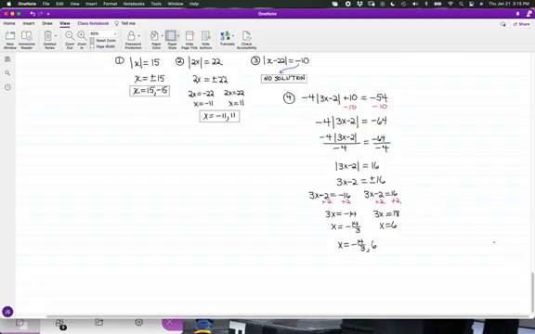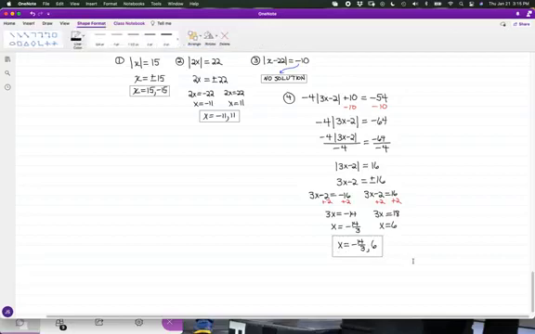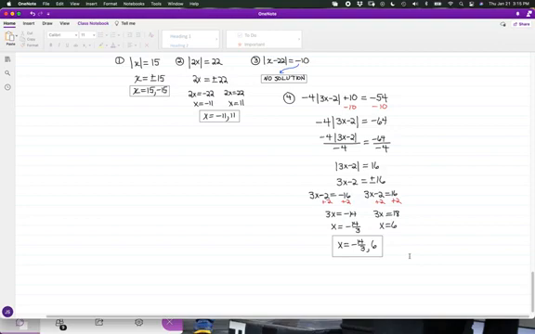Okay, so for the solution sets, we have a negative and a positive value, respectively, with minus 14 thirds and positive 6. All right, and just a remaining item.